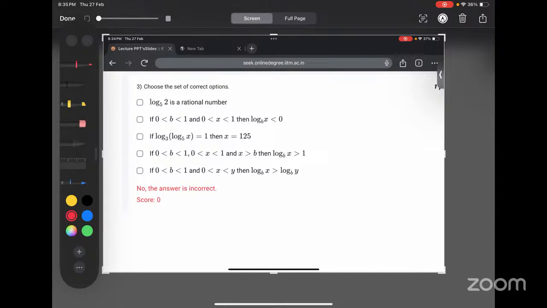If it is rational, you have to take it as p by q, right? Then we can take 5 power on both sides, then we can conclude.